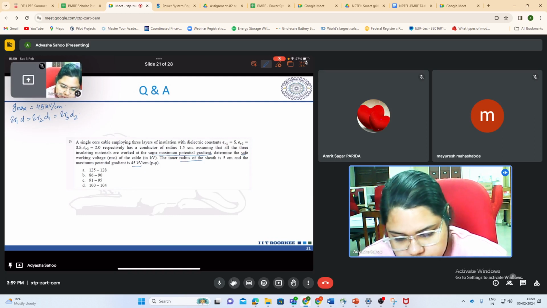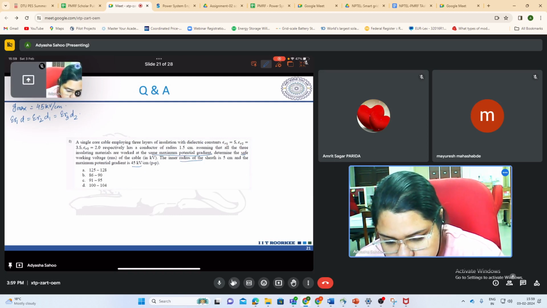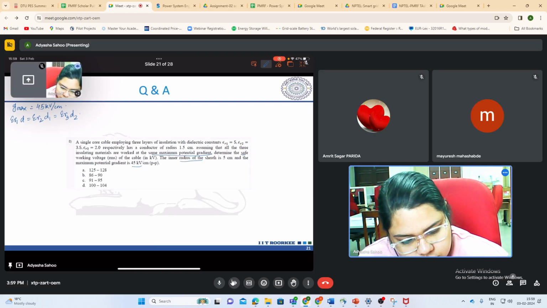So these four are known. So from these relations, and D also you know, the conductor radius is 1.5 cm, so diameter is 3 cm.